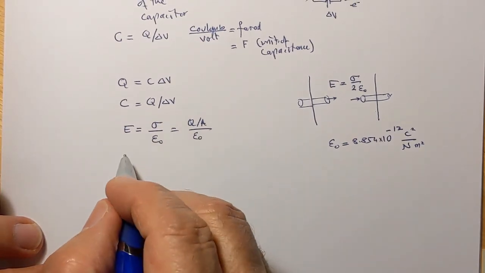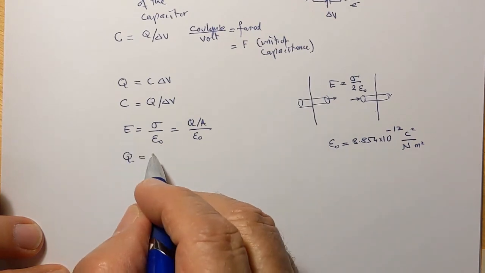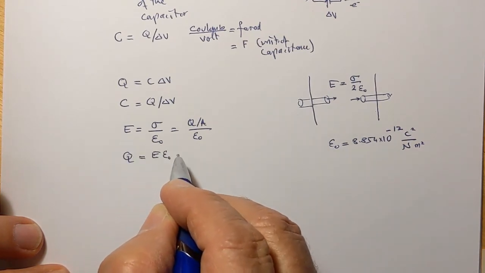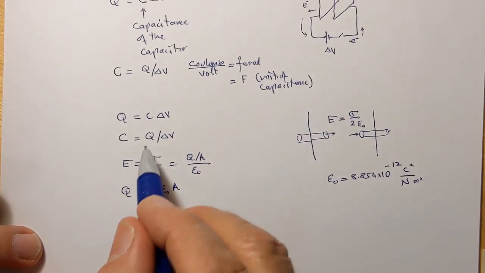Now, from this equation we can see that the charge on each plate is going to be E epsilon naught times A, and we can substitute this charge in here.